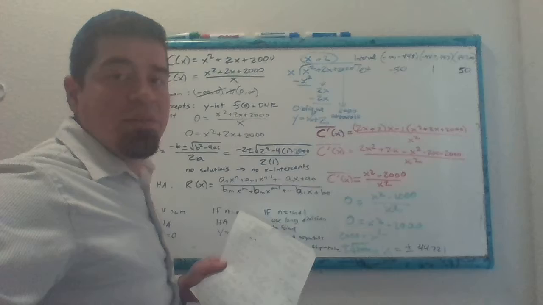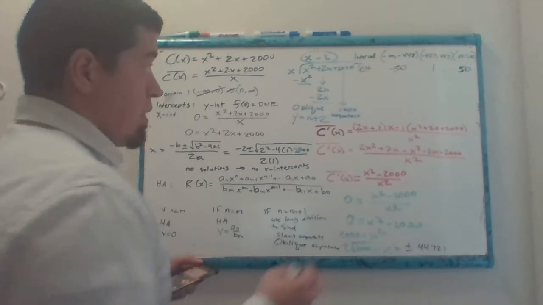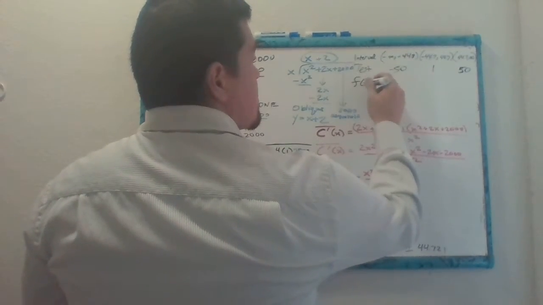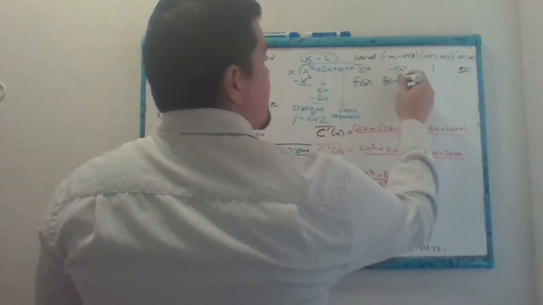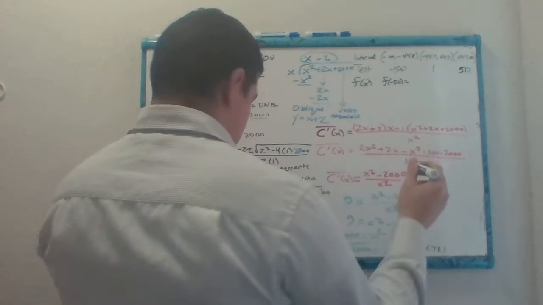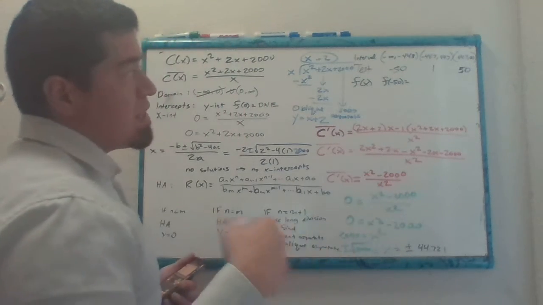So here, f of negative 50. We're going to substitute our values. I'm using the table feature.